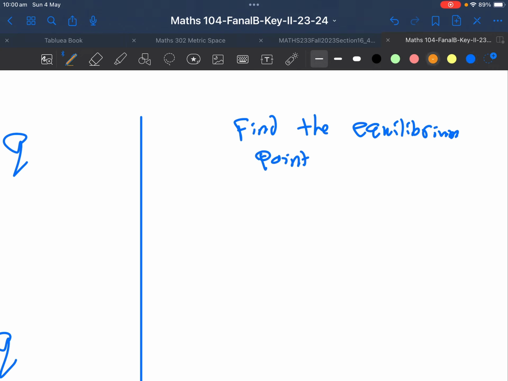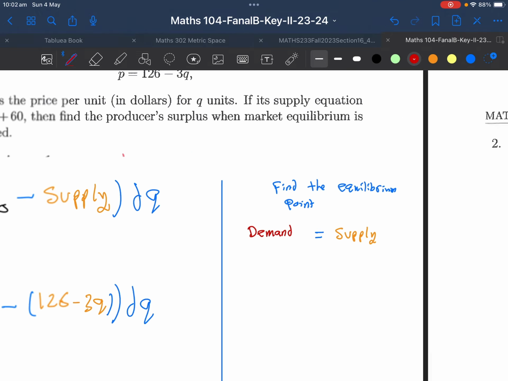In order to find the equilibrium point, we need the supply to equal the demand. We have the supply, we make it equal to the demand. That's how we find the equilibrium point.